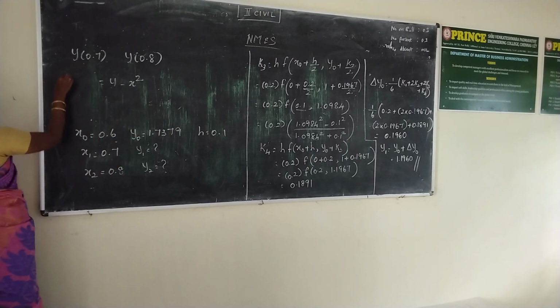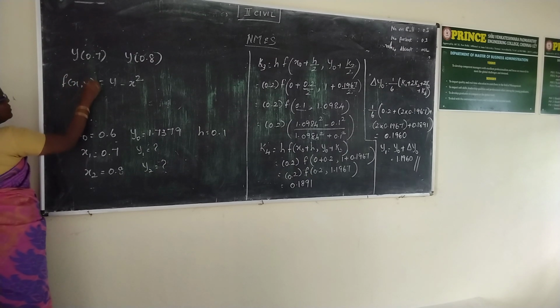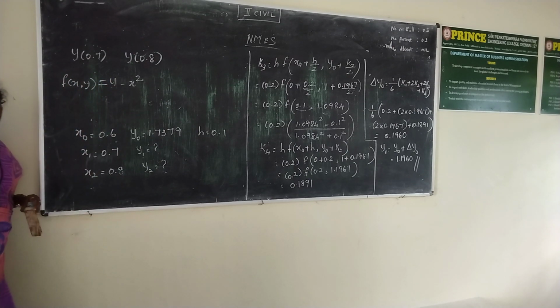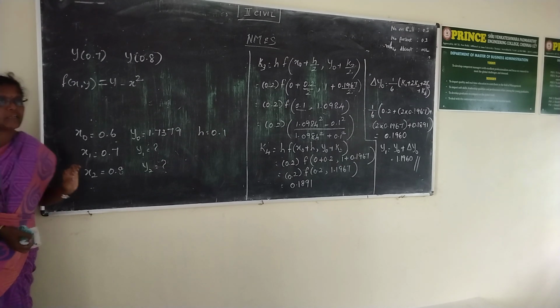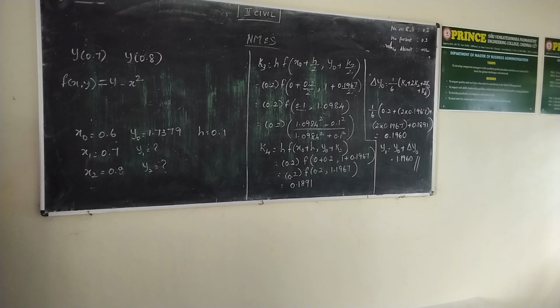You are given f of x comma y equal to y minus x square. Simple function. Now I want everyone to solve it individually. You know the formula. Do it individually. Don't look into other notebooks. Any doubts will be clarified immediately. Write your formula. Start with K1.